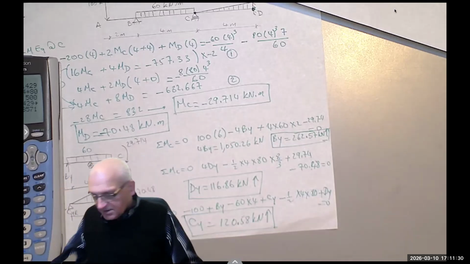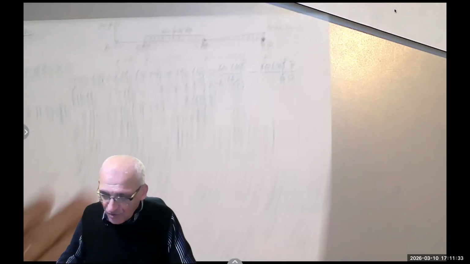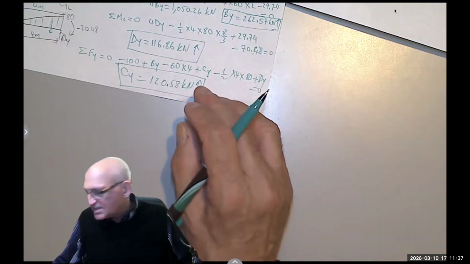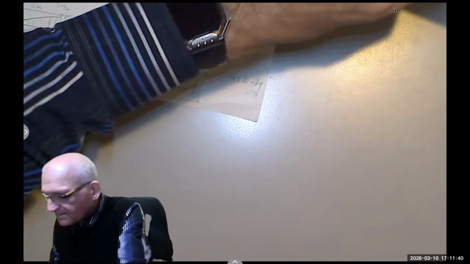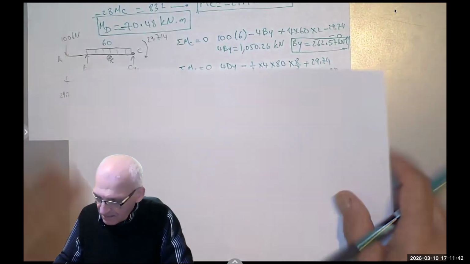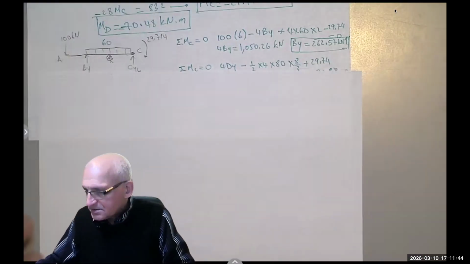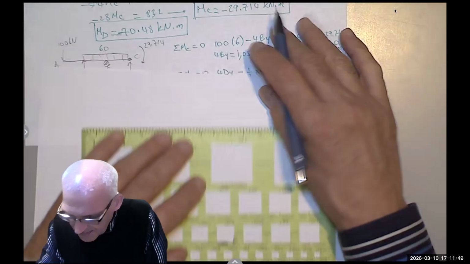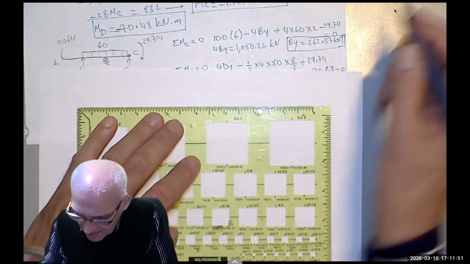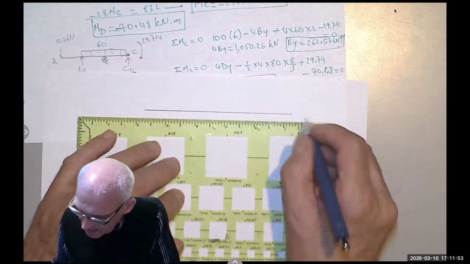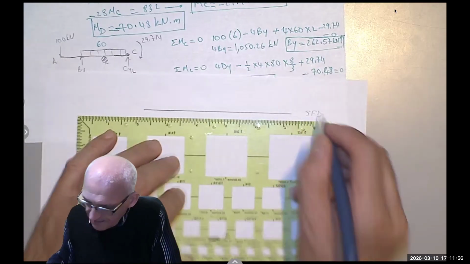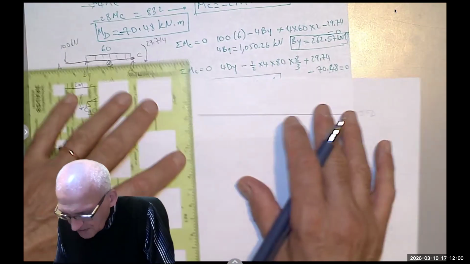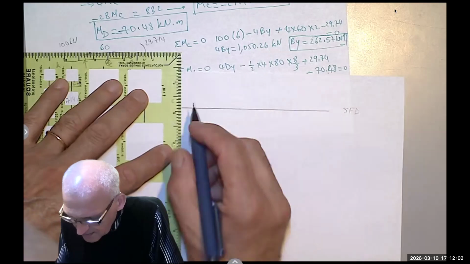Okay, so now we can draw the shear force diagram and the bending moment diagram. Let's draw the shear force diagram. I go down 100 for a distance of 2 meters.